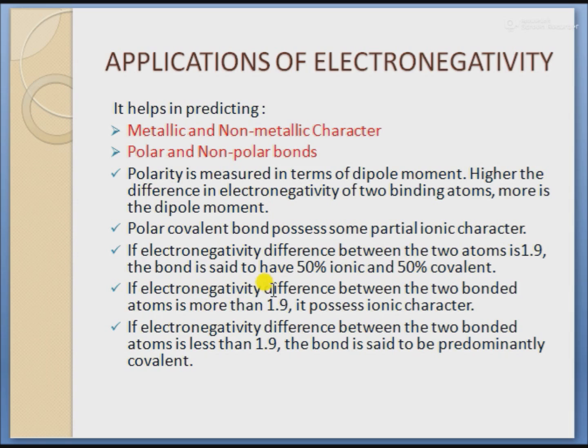If the electronegativity difference between the two bonded atoms is more than 1.9, it possesses ionic character, meaning it is completely ionic, where the electrons are transferred to one atom. If the electronegativity difference between the two bonded atoms is less than 1.9, the bond is said to be covalent, meaning mutual sharing of electrons is there.